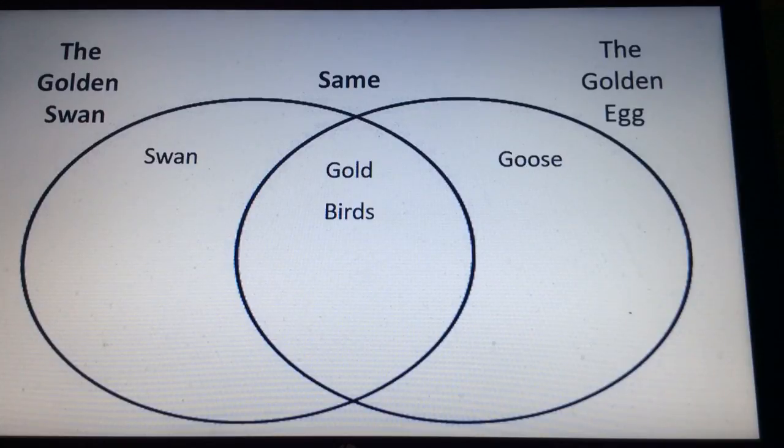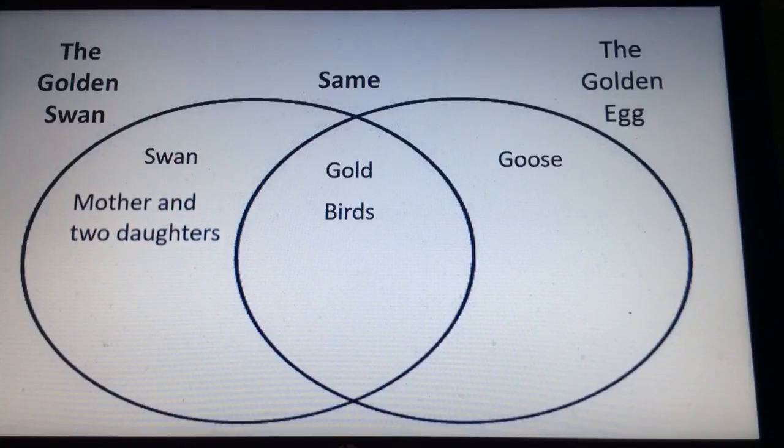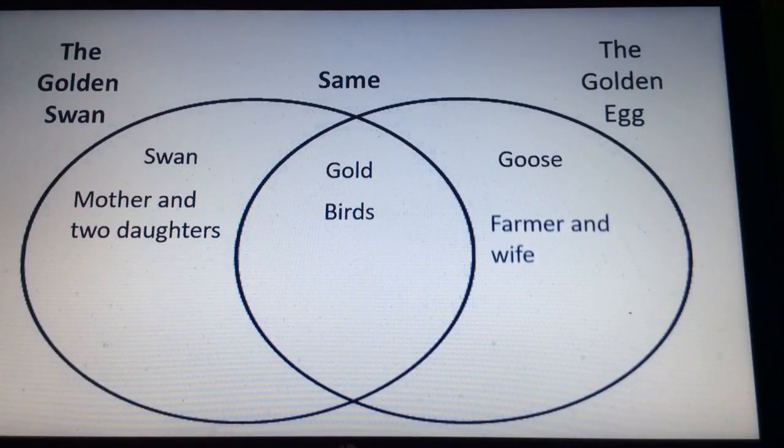So we know that there's gold in both stories, and we know that both stories have birds as the main character. Now, what are the main characters that are human? Let's think about that. In the Golden Swan, what are the human characters that you remember? Very good. A mother and 2 daughters. But I don't think we had a mother and 2 daughters in the golden egg. Who remembers the main characters of the golden egg that were humans? Very good. A farmer and wife.